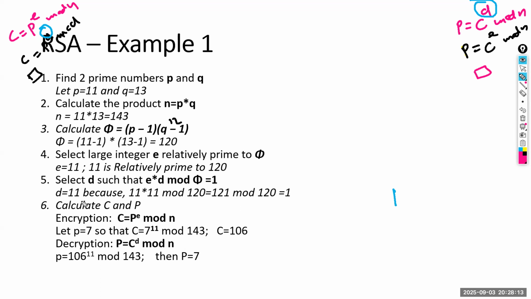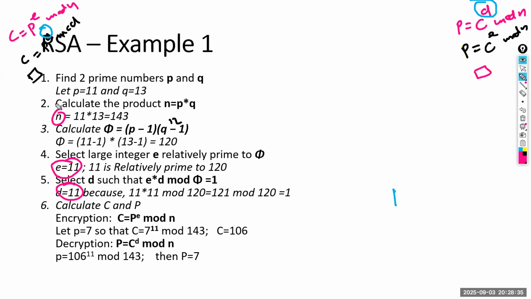Then you will find that something like 11 works, because 11 into 11 is 121, and 121 mod 120 is 1. So now we have found d also. We have found d, e and n. So that means we are done.